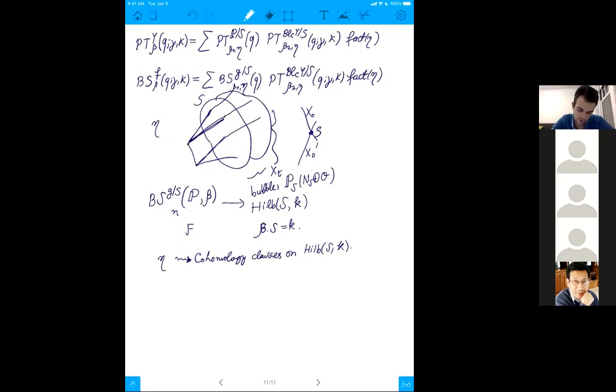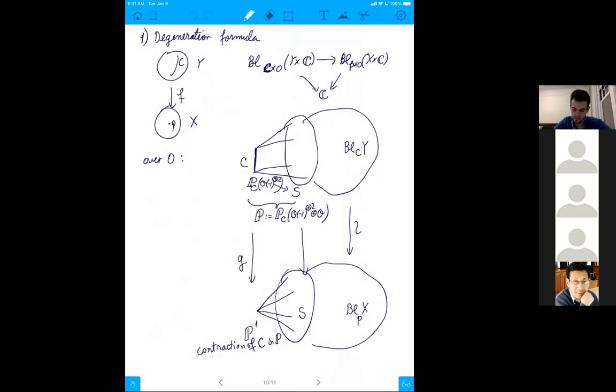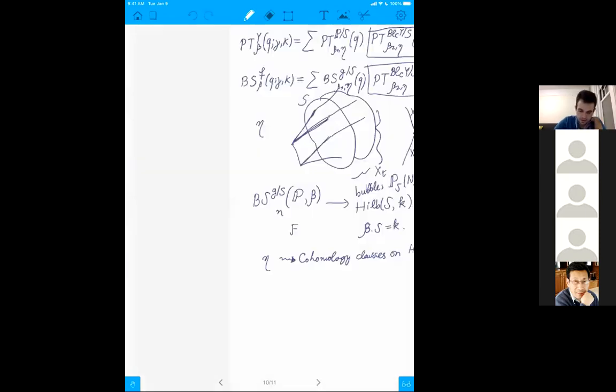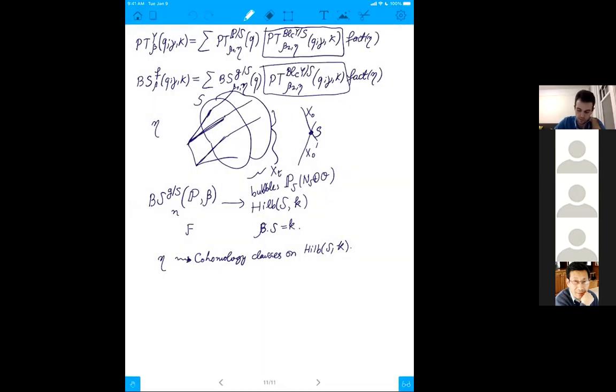So one important feature here is that the insertion classes all go in the same part. And the reason is that the insertions were on X only. So when we use the degeneration formula, the insertions will not intersect the toric part.